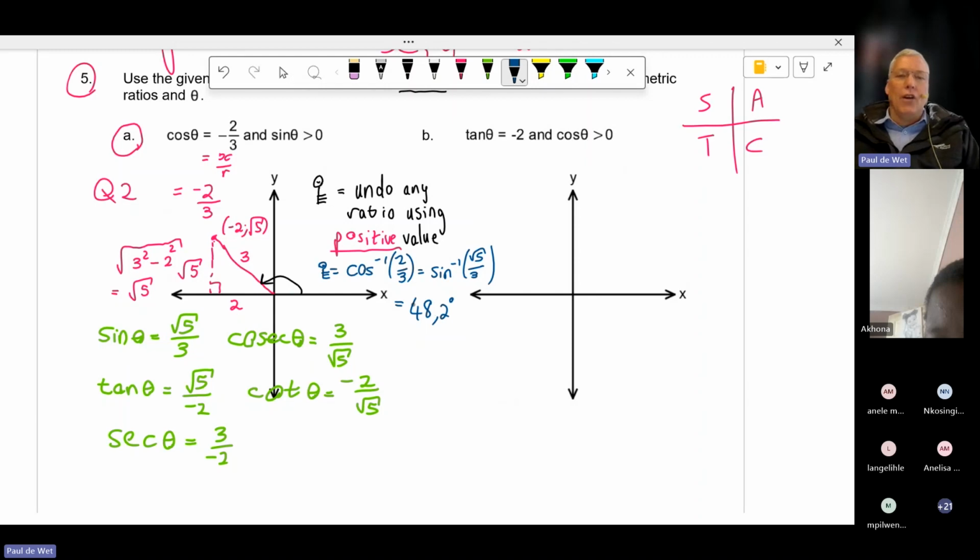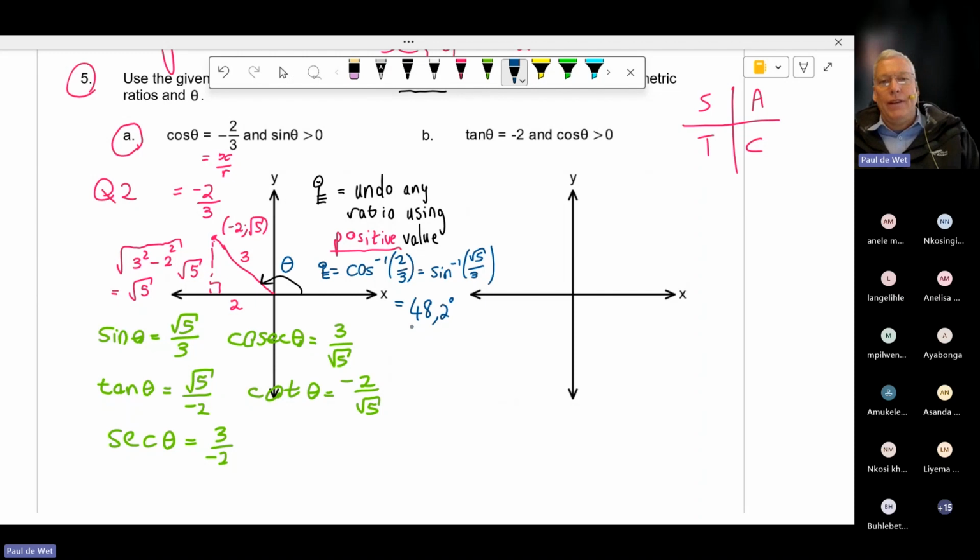Now, guys, this is not 48,2 degrees. You can see this angle here, theta, is not 48,2 degrees. What we have found is this is the amount off the horizontal axis of 180 into quadrant 2. So in other words, theta is actually going to be 180 minus this angle here, guys, which is 48,2.